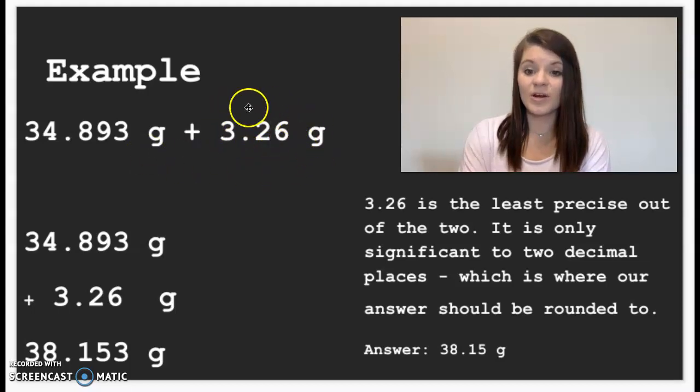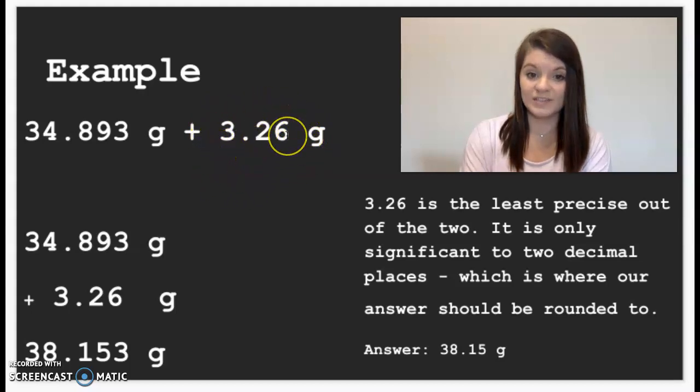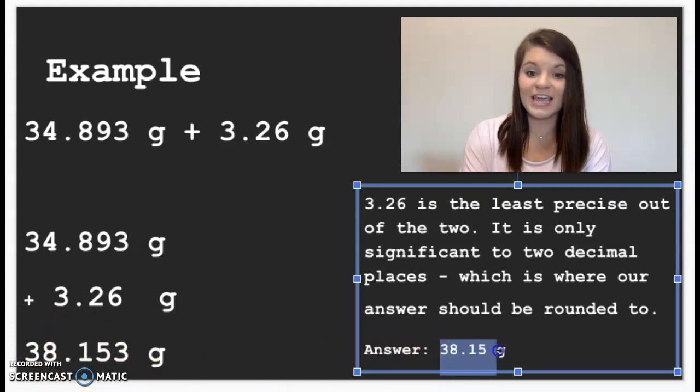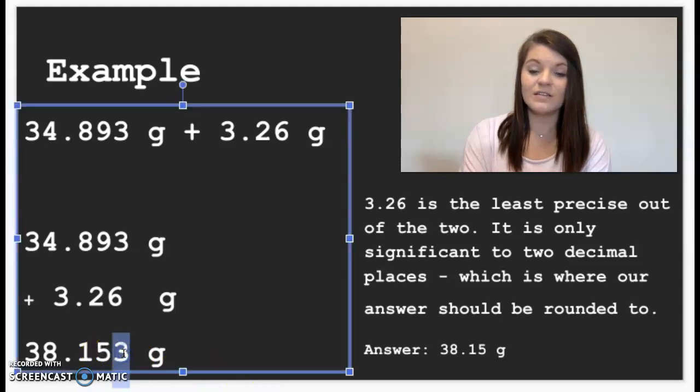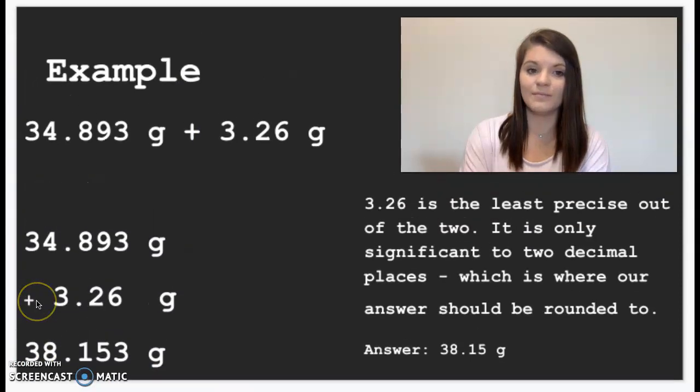So this number tells us where our answer should be rounded to, which is 2 decimal places. So this answer needs rounded to 2 decimal places. So the final answer is 38.15 grams. Okay, I rounded this 5 and I kept it at 5 because 3 is below 5, okay, rounding.